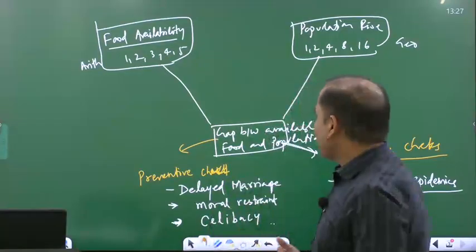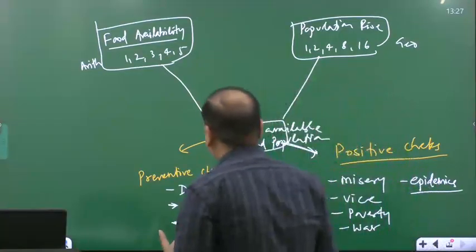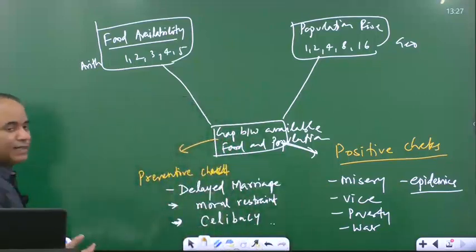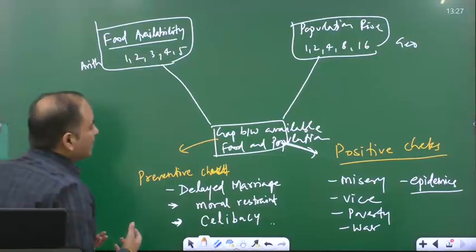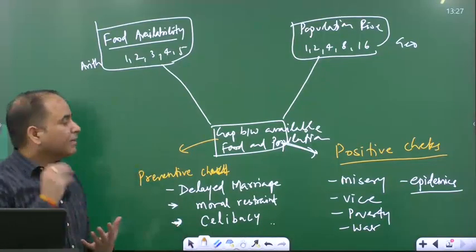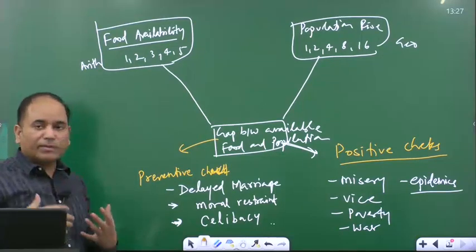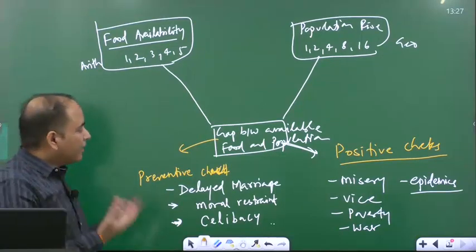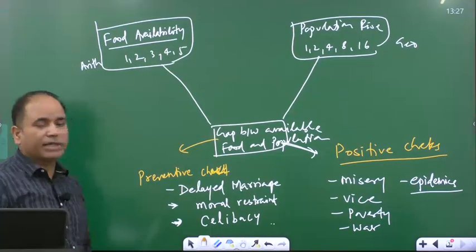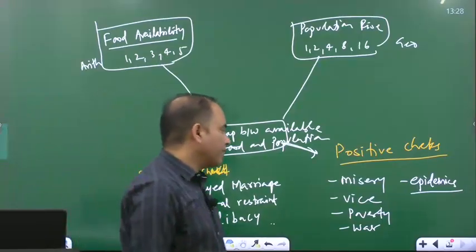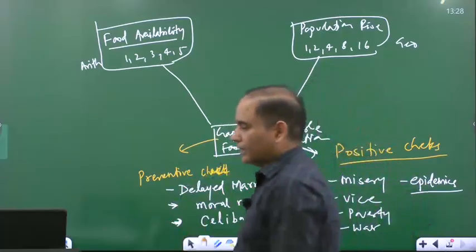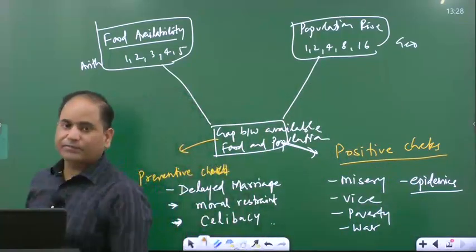To check that gap, people will first go for preventive checks: delayed marriage, moral restraint, celibacy. These will start giving some results, but ultimately people will become comfortable and ignore them, which results in positive checks like misery, vice, poverty, war, epidemics, a collapse of societies. So this was his idea.